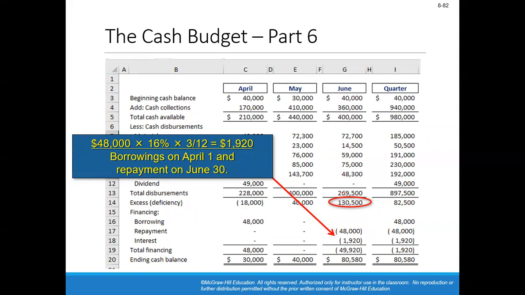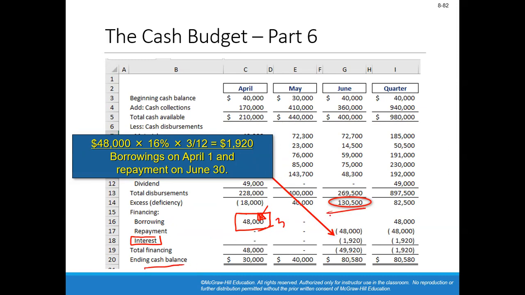Now, in the month of June, we see the cash balance of 130,000. Now, the question to you: do you think this 130,500 cash is sufficient to repay this 48,000 borrowing and the interest payment accrued on this 48,000, and still we have 30,000 cash balance in the ending cash balance?